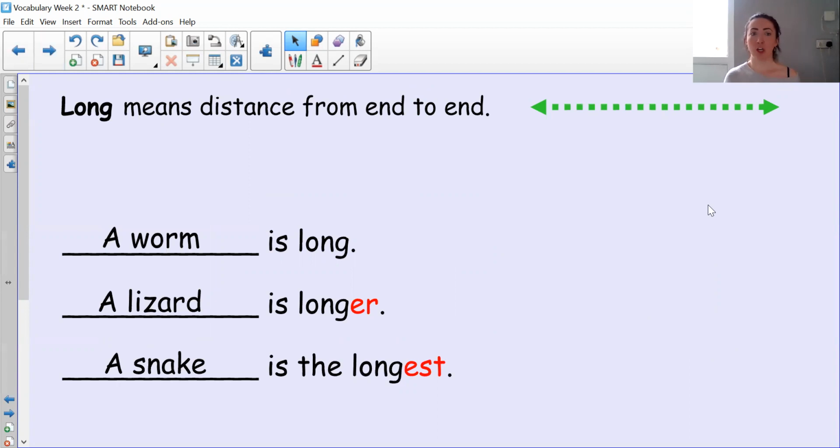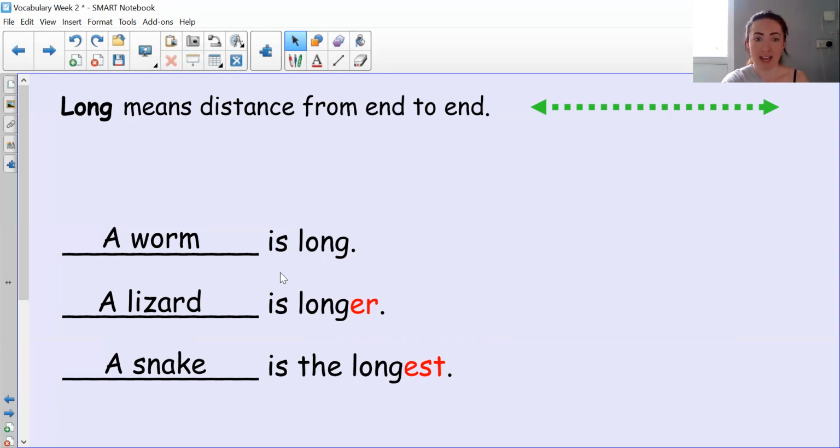Now we're using the adjective long, which means the distance from end to end. So tall and short is the distance from top to bottom, and long is the distance from end to end. So I've used some examples that you gave me last week when you were doing your quizzes. They were really good examples of long things. So can you have a go at reading these sentences with me?